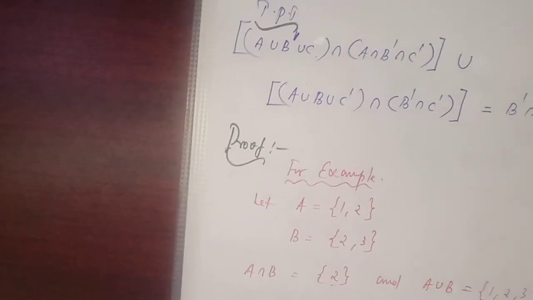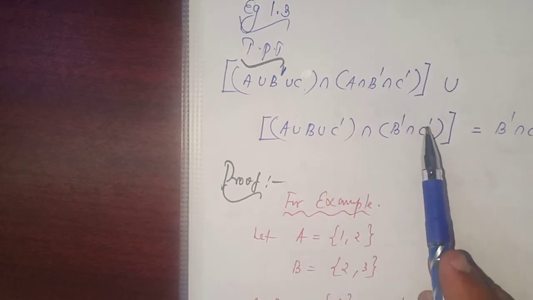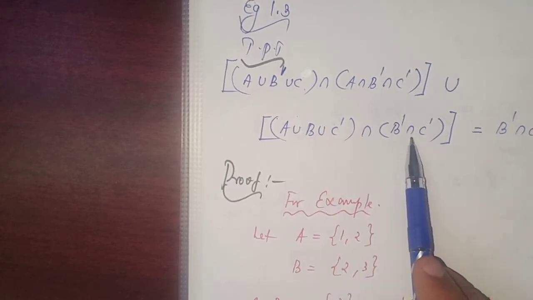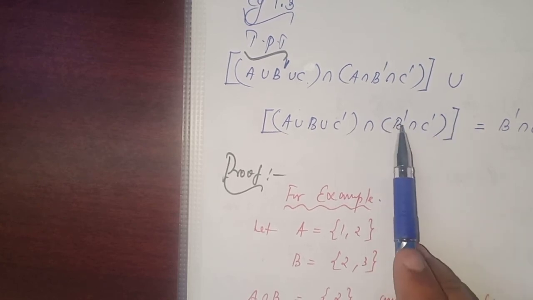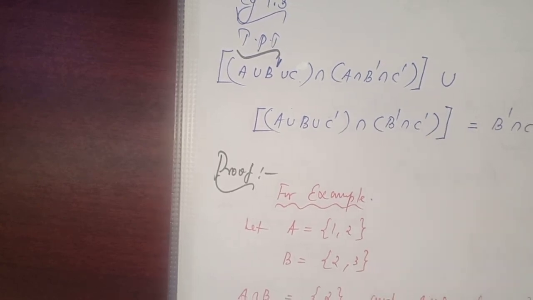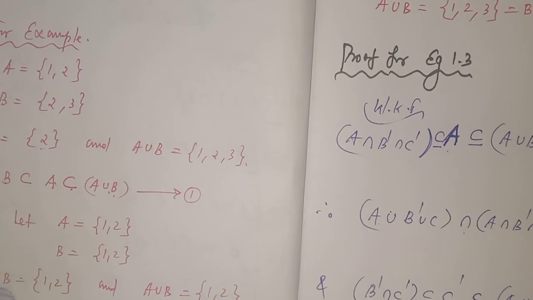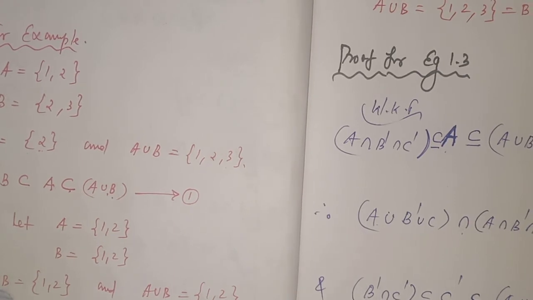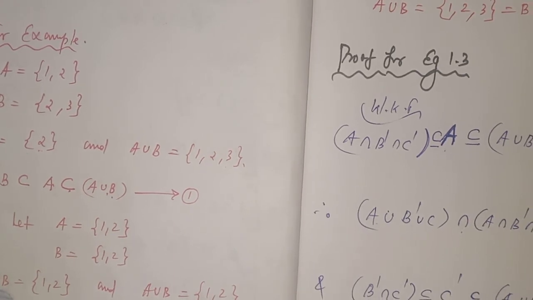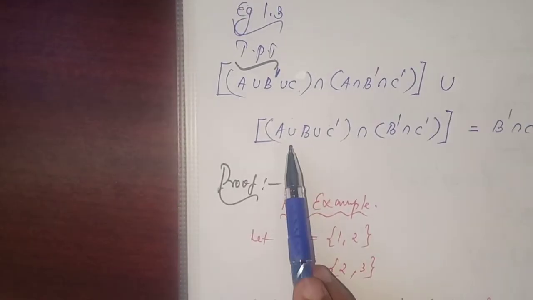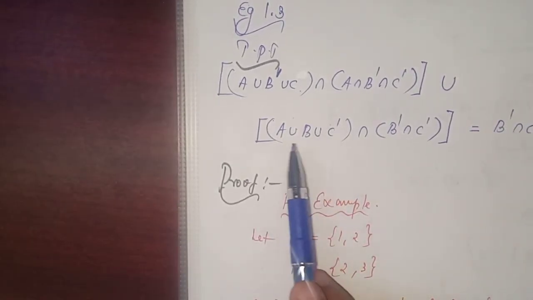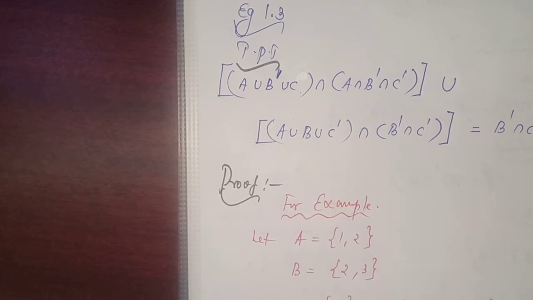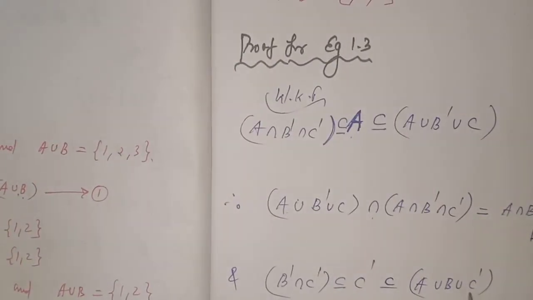Out of these two, which one is the least? Definitely intersection is the least set. So I have taken B dash intersection C dash to start with. This is the set with the least number of elements. Since we have union, this is the set with more number of elements. This is a superset. So A union B union C dash over here.